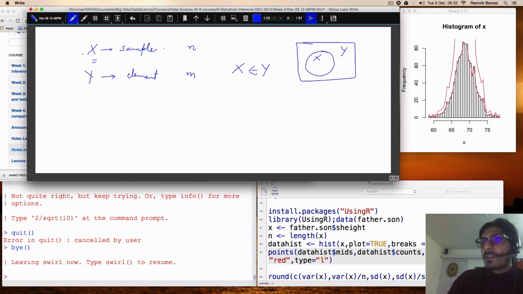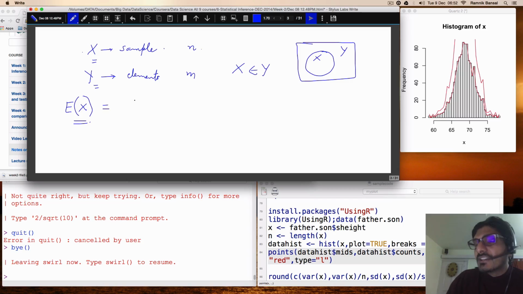When I'm saying x, it's a random variable. So when I'm saying expected value of x, what I mean is the average of all the values in y. That will give me the actual expected value of x.